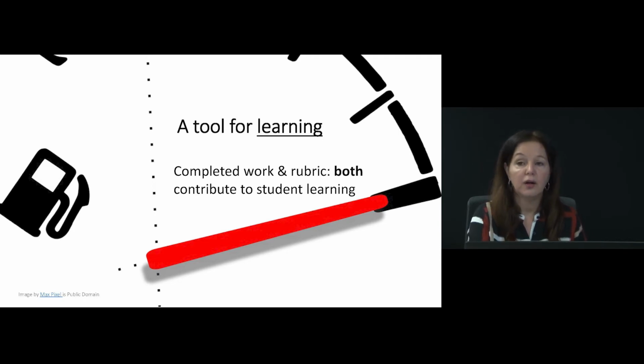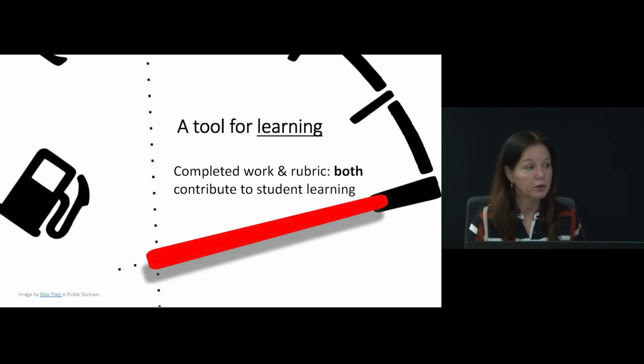So continuous learning, this process of constant improvement, the rubric can support this process within the framework of formative assessment or self-directed learning.